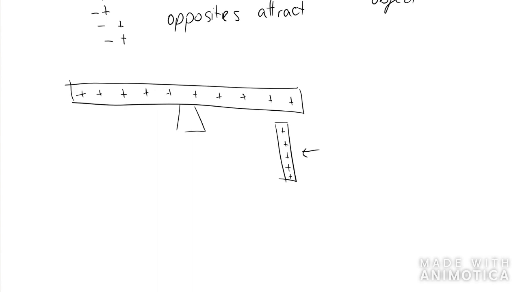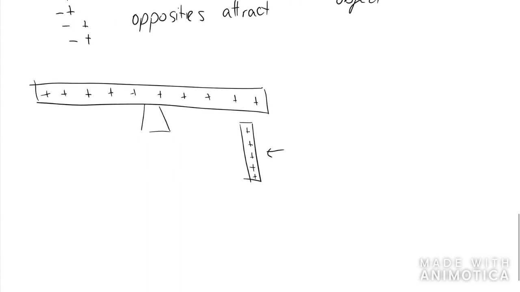And then where you place your negatives in the meter stick, because remember, the meter stick will have the same number of negatives as it has positives. So here, if I have 1, 2, 3, 4, 5, 6, 7, 8, 9, 10, I'm going to need 10 negatives, 10 electrons. The thing that changes is where I place them.